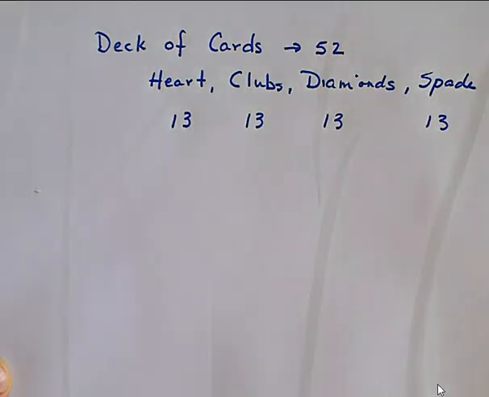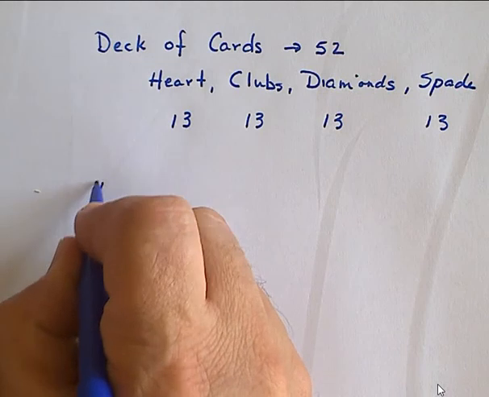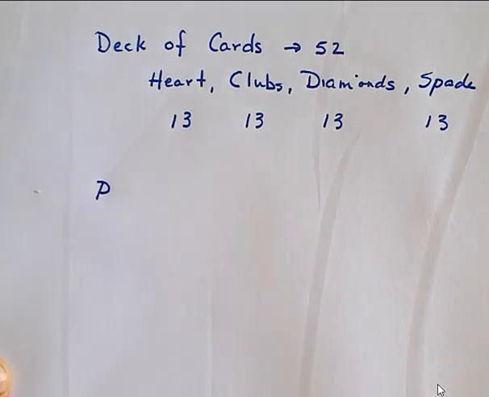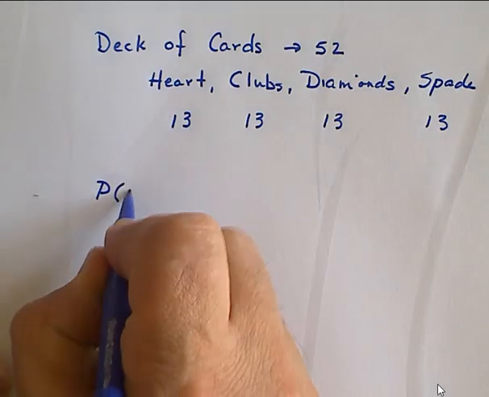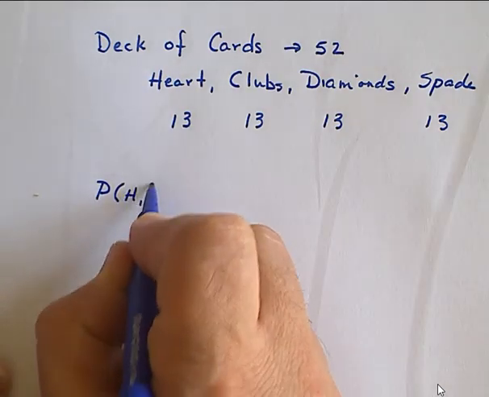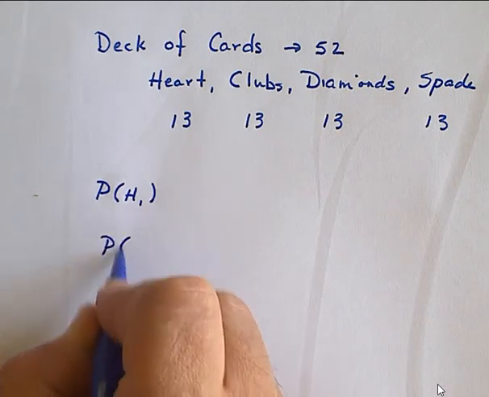Now, let's say, for example, I want to find the probability of drawing 2 hearts out of this. So the probability of the first heart, number 1, and the probability of the second heart, number 2.